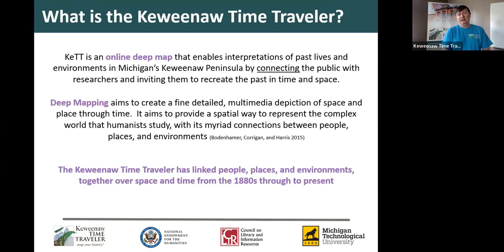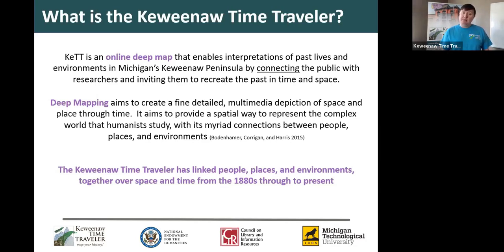Okay, so you're here and you somehow found that we're having this event and want to know what the Keweenaw Time Traveler is. Well, the Keweenaw Time Traveler is an online deep map that enables interpretations of past lives and environments in Michigan's Keweenaw Peninsula by connecting the public with researchers and inviting them to recreate the past in time and space. So we use the concept of deep mapping.